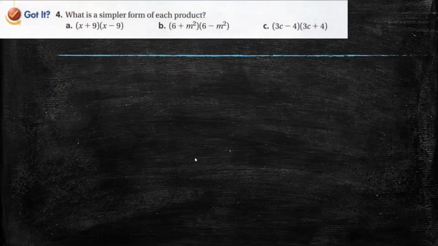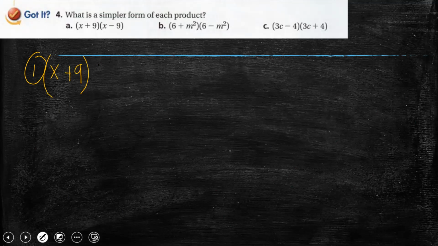What is the simpler form of each product? Look at the first one here. We have the same term, yes, but with different signs. So x plus 9 times x minus 9.